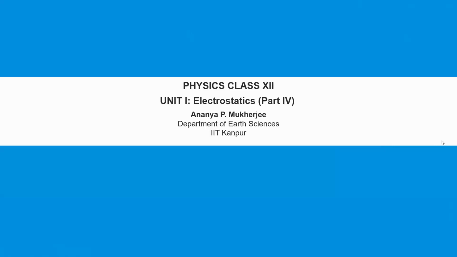So hello, we are going to continue with our Unit 1 Electrostatics Part 4 for the 12th Standard Physics. Till now we studied up to what is electric potential and what is electrostatic potential, and we saw the potential energy that is stored in a charge when it is brought from one point to another.